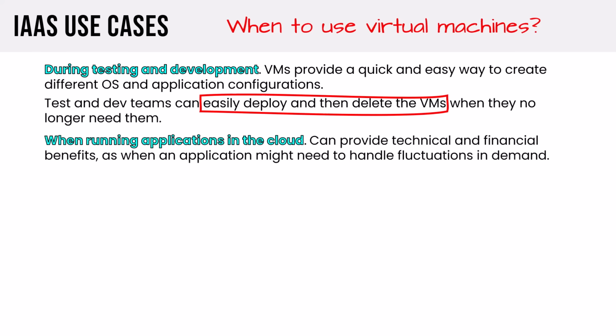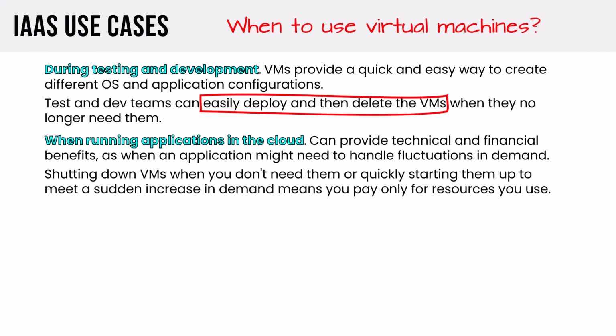And when running applications in the cloud, we can gain financial and technical benefits when an application might need to handle fluctuations in demand. Because in the cloud, we're paying by the minute, so we can shut down VMs when we don't need them, quickly start them up when we see an increase in demand, and pay only for the resources we use. So this is that shift from capital expenditure to operational expenditure, the shift from CapEx to OpEx budget.